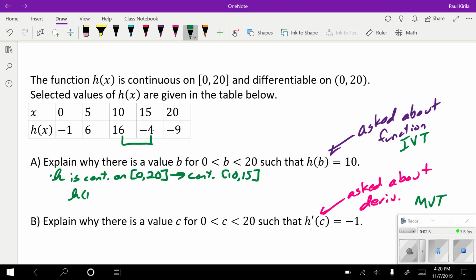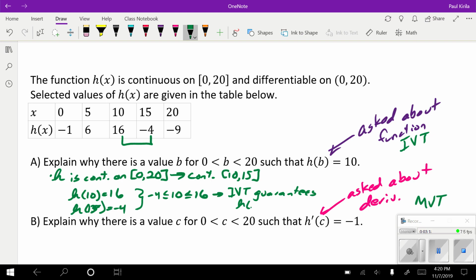While h of 10 is 16, h of 15 is -4. And since 10 is between -4 and 16, the IVT guarantees that h of b will equal 10 for some b that's actually between 10 and 15.